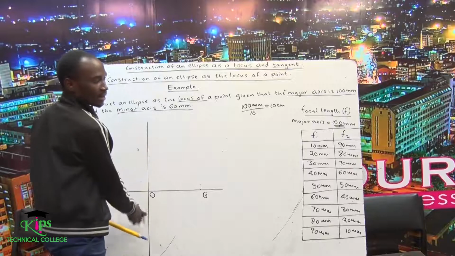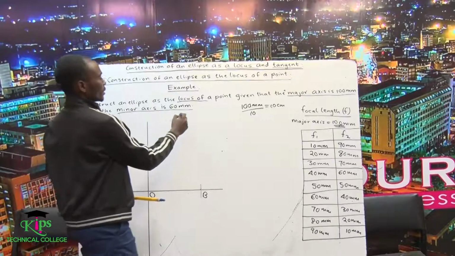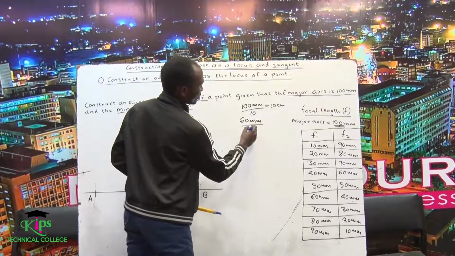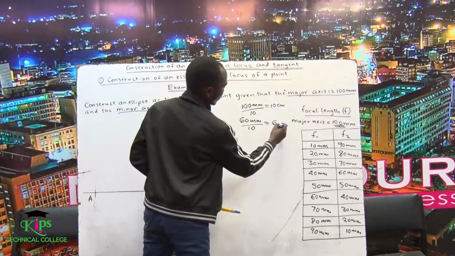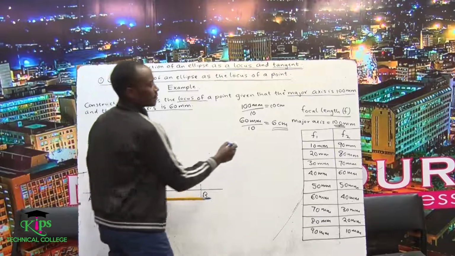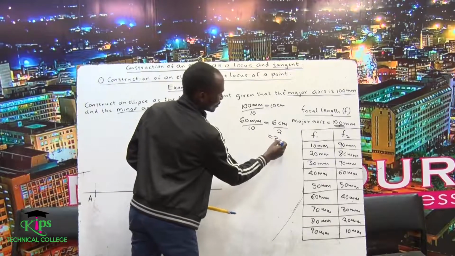So this is the axis, which is the minor axis. So the minor axis should be 60 millimeters. Once I divide by 10, I should get 6 centimeters. So 6 centimeters, again I should divide by 2 to get 3 centimeters.